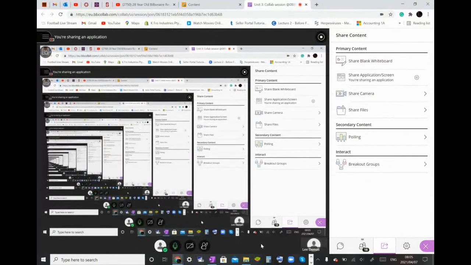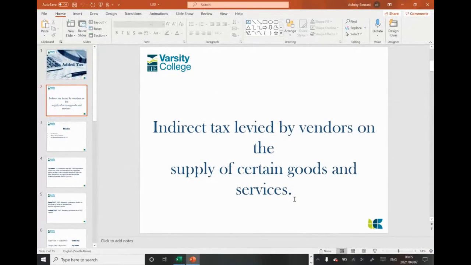Okay, perfect. So, as I was saying, direct tax is the tax we pay as individuals. Based on the salary or the income that I generate, I will pay tax. Direct tax is very specific because it's based on how much I earn as an individual, right?